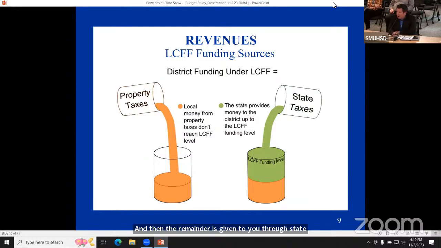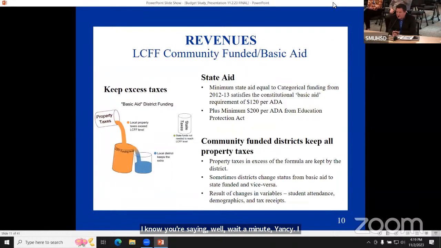So given that we have a $115 million guarantee, if our property taxes were $65 million, the state would write us a $50 million check. If our property taxes were only $20 million, the state would write us a $95 million check. I know you're saying, well, wait a minute, Yancey, I thought you said we had $175 million in secured taxes. Well, that's where basic aid or community funded districts happen.